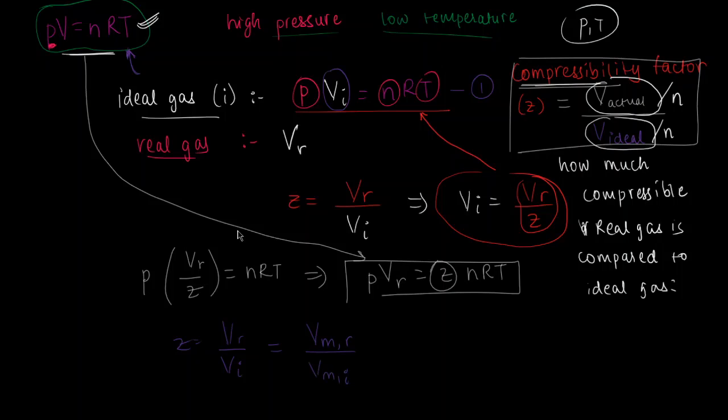These are both the same. The molar volume is just the volume of 1 mole of that gas, and since the molar volume for any ideal gas is fixed at a particular P and T, the only thing that changes is the real gas volume.